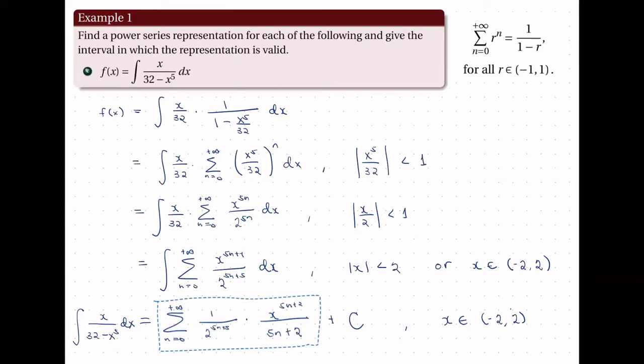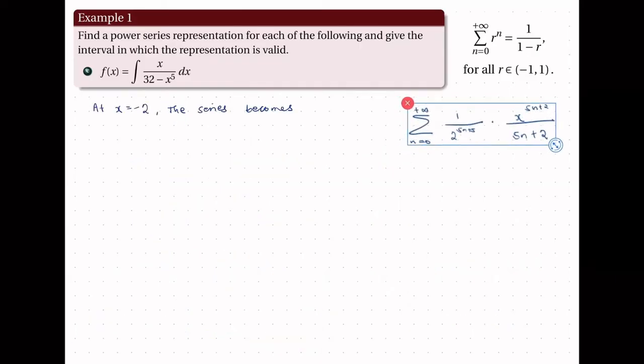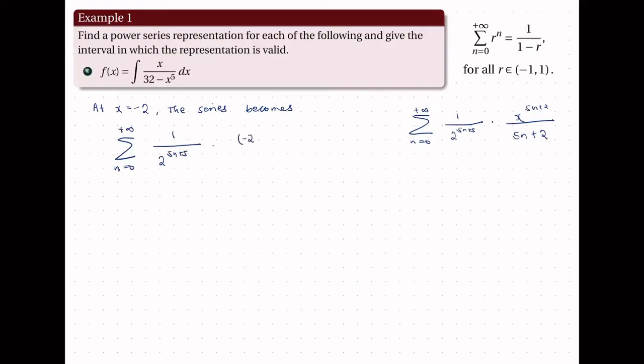Copyhin lang natin from here. And then paste here. Okay, so this is our series. So when x is equal to -2, our series becomes the summation from n equals 0 to positive infinity of 1 over 2 raised to 5n plus 5 times -2 raised to 5n plus 2 over 5n plus 2.